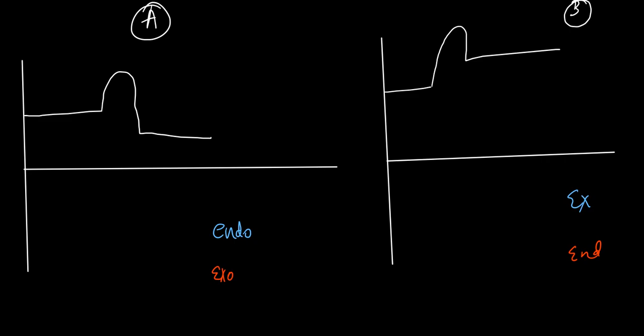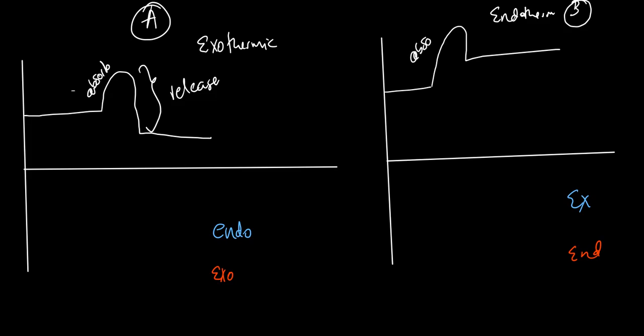So yeah, this is exothermic, and then this is endo. In terms of exo, it releases more energy than it absorbs. So this portion tells you the energy that is absorbed. And then this one absorbs more energy than it releases. That's why it's called endo. Okay?